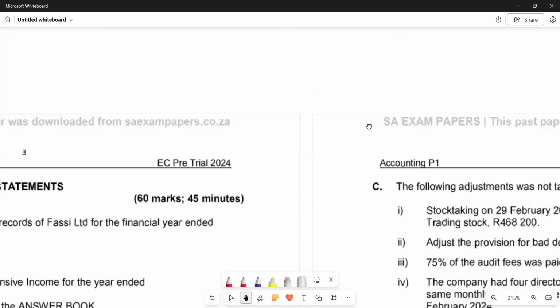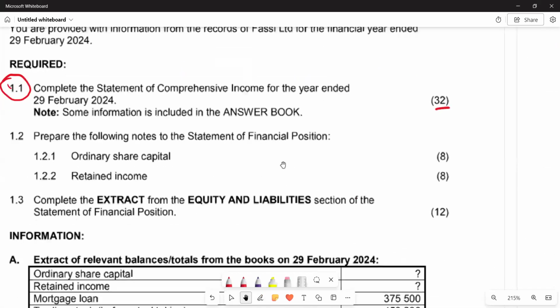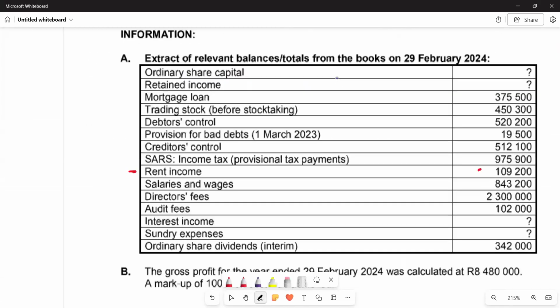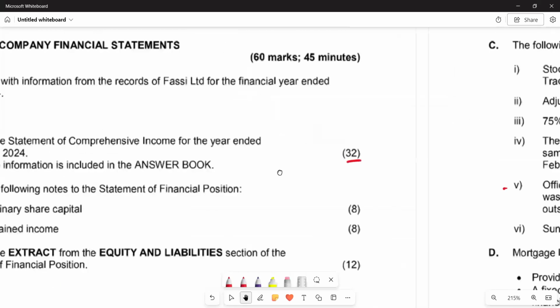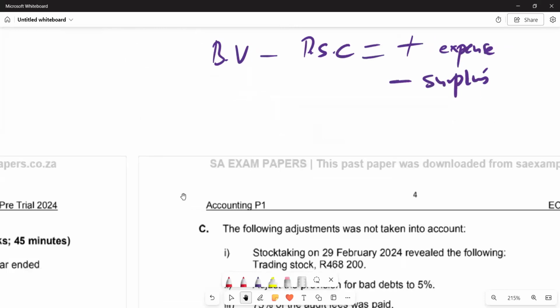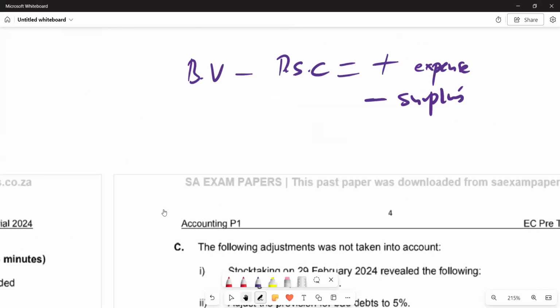So we are just going to calculate it as such. We'll come here and check the book value given in the question. Trading stock is 450,300, representing your book value.